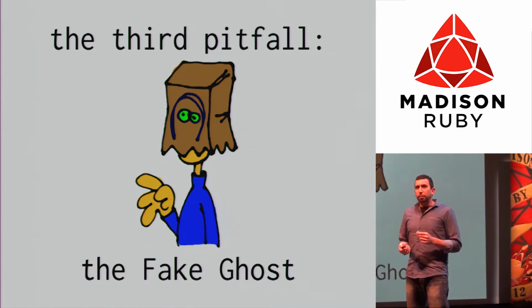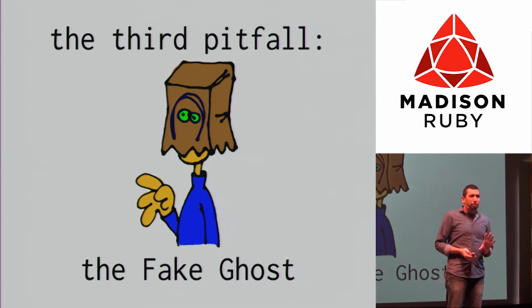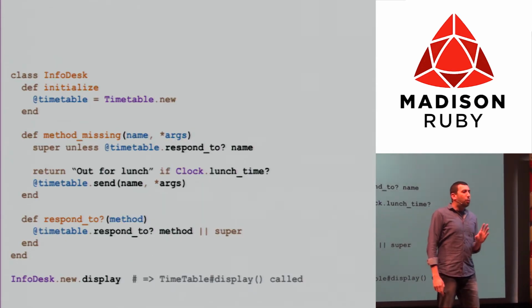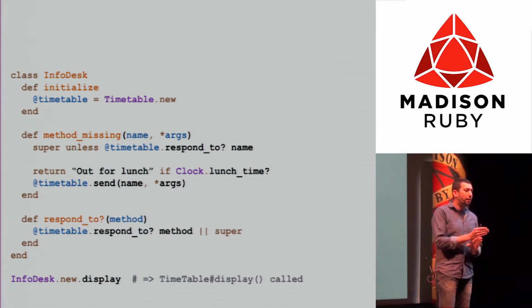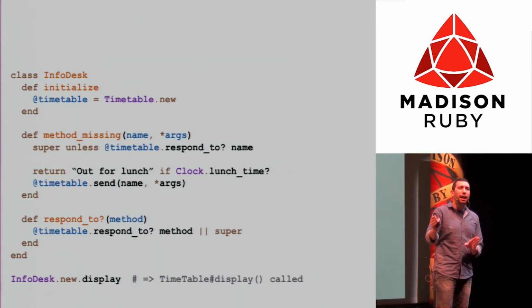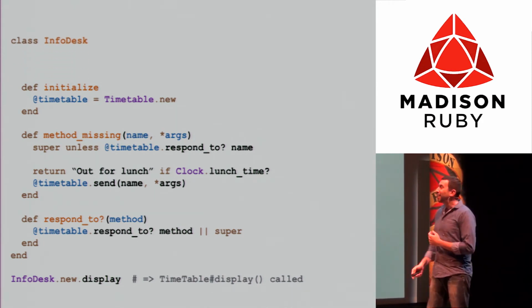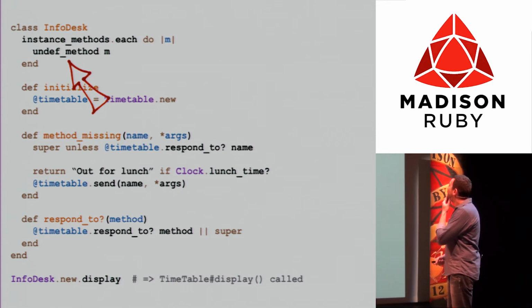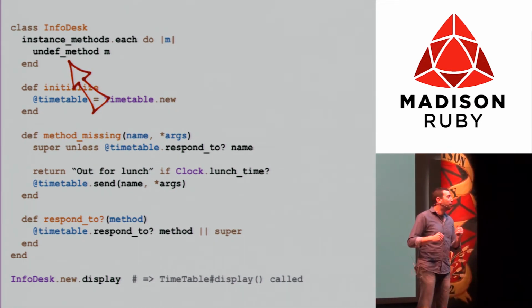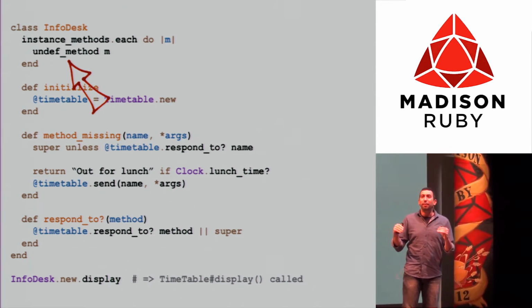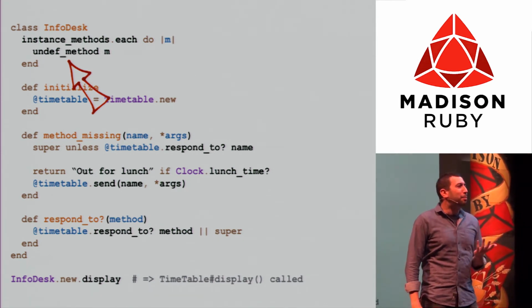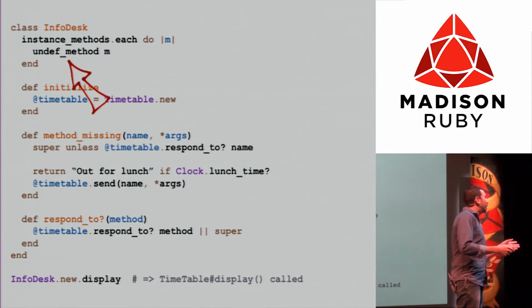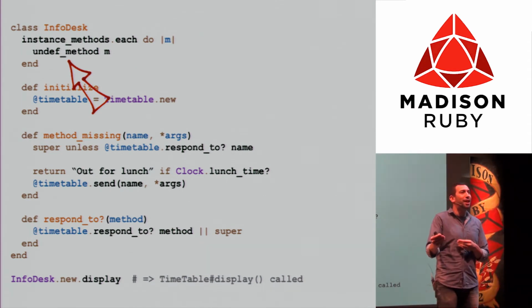Now, brace yourself, because this is starting to be a little bit scary. One way to fix this is to just remove all the methods that might potentially clash. Okay? So I might add code such as this one, go through all the methods in this object, and remove them, except that, no, I cannot blindly remove all the methods because some of those methods, Ruby really expects them to be there.